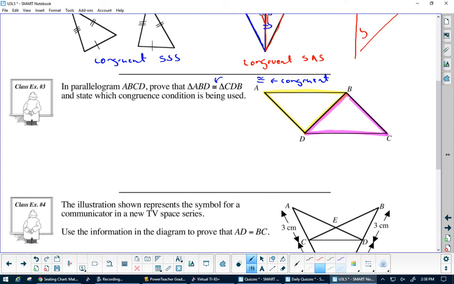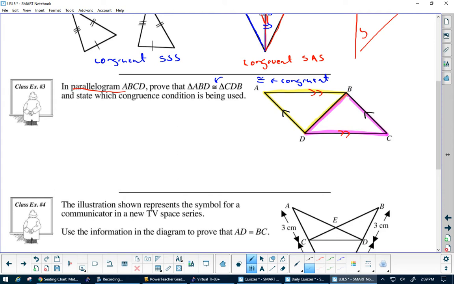Okay, and here's one thing. In a parallelogram, opposite sides are parallel. So these two are parallel. And then you could say that these two, we'll just put one little arrow, those two are parallel, right? Because it's a parallelogram. So I need to prove these triangles are identical. How would I do that?